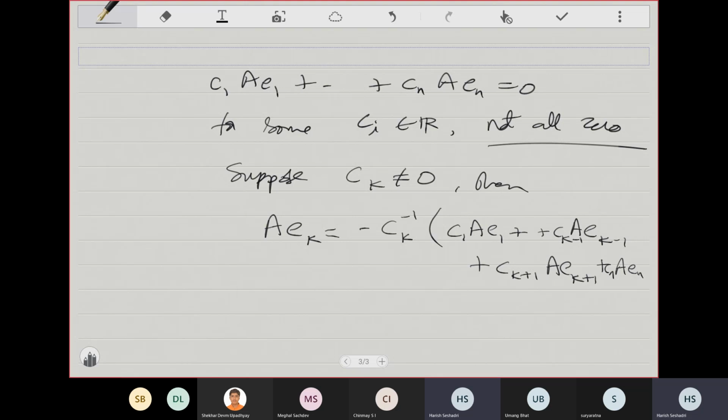And then, in terms of the column vectors, I can write it as a combination of x1 through xn, where the kth entry is not there.